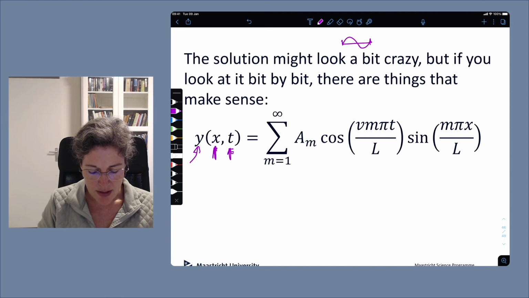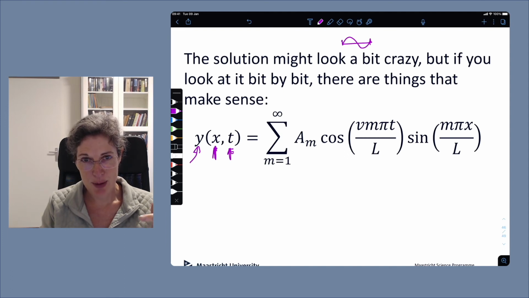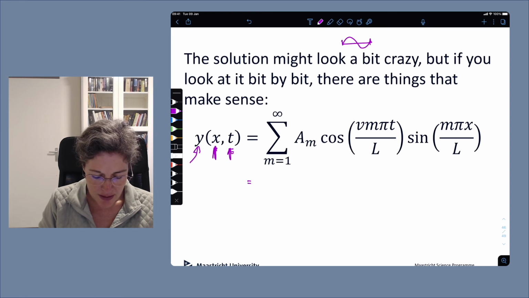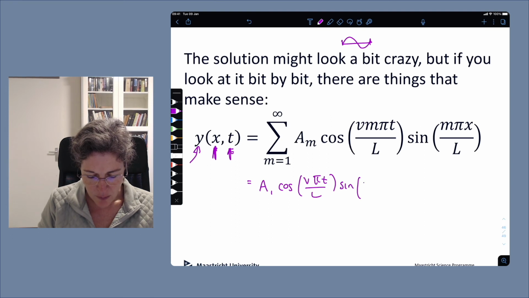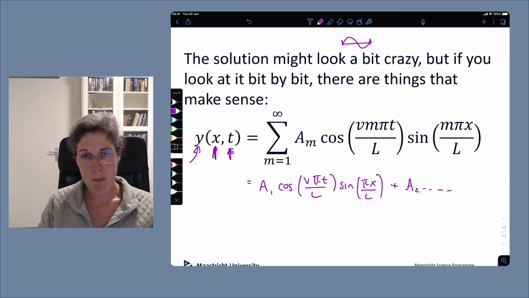So the first thing is that this is an infinite sum. So we've got a whole bunch of terms. So we can think of this as, for example, a1 cos of nu pi t over L sine of pi x over L plus a2, and you're going to have a whole bunch of terms.